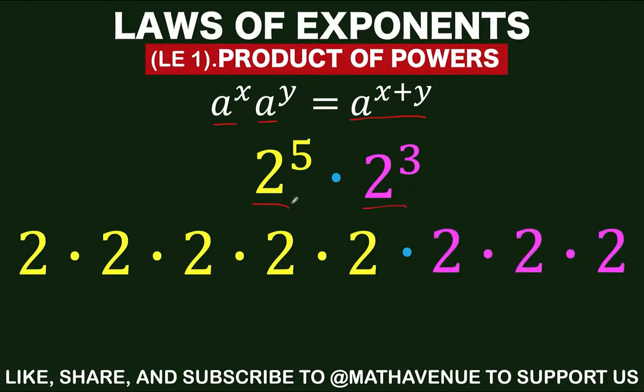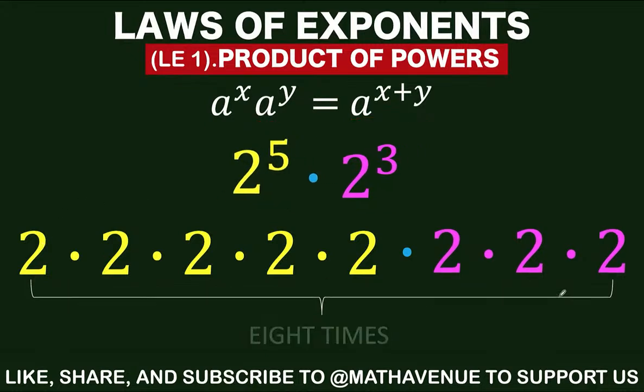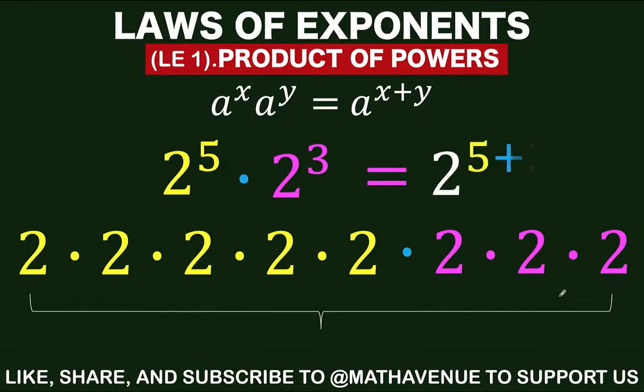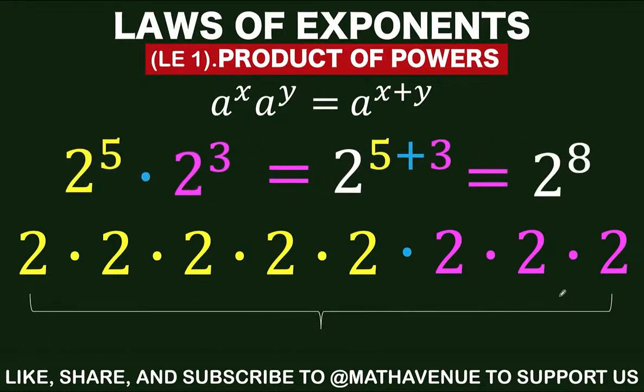If you are going to count how many times we multiply 2 by itself, there are 8 times. And so the shortcut way of multiplying 2 8 times is to write that in exponent as 2 raised to the 8. And we arrive at the 2 raised to the 8 by adding 5 plus 3.